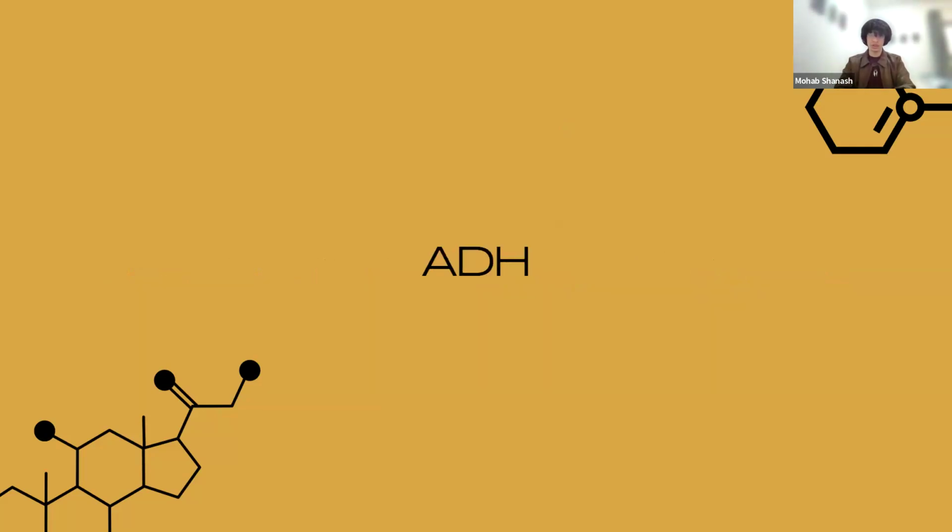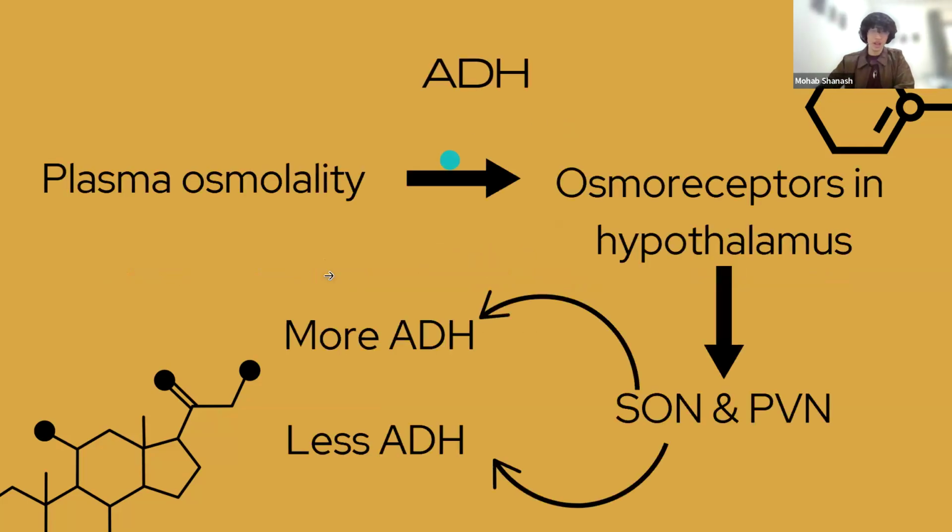Now, ADH, or antidiuretic hormone. You guys took renal. You probably know about this more than I do, but I'm still going to go over it. Plasma osmolality: you have osmoreceptors in your hypothalamus that detect the osmolality, or the concentration of solute in solvent, in the plasma. This isn't the only thing.